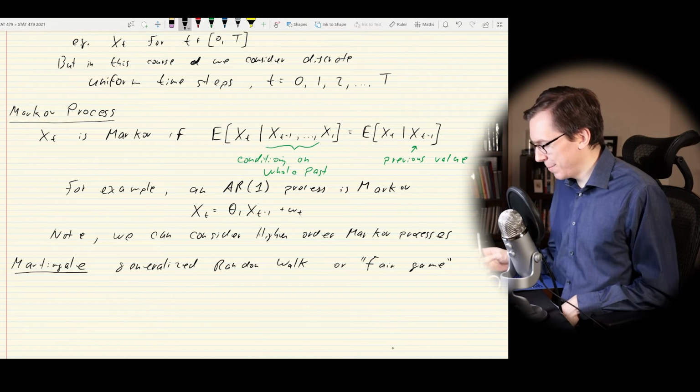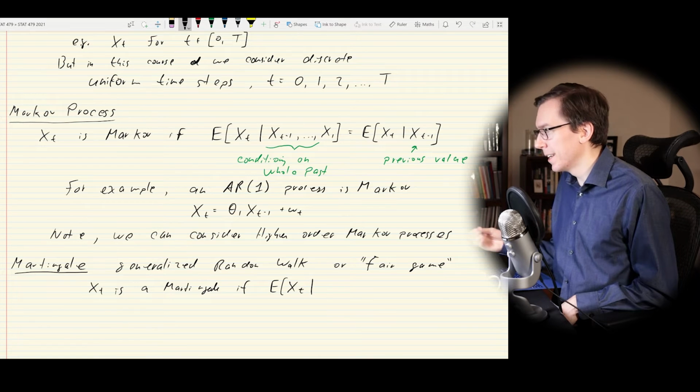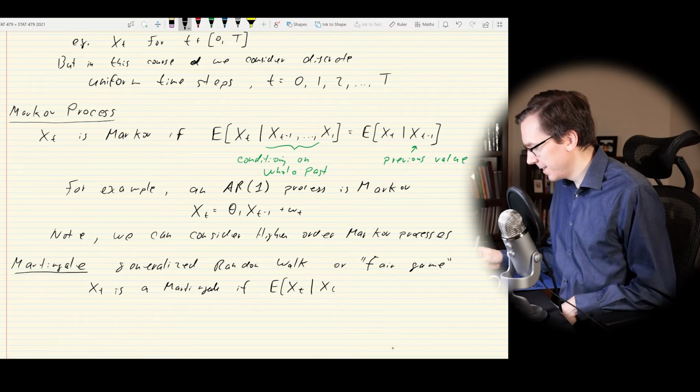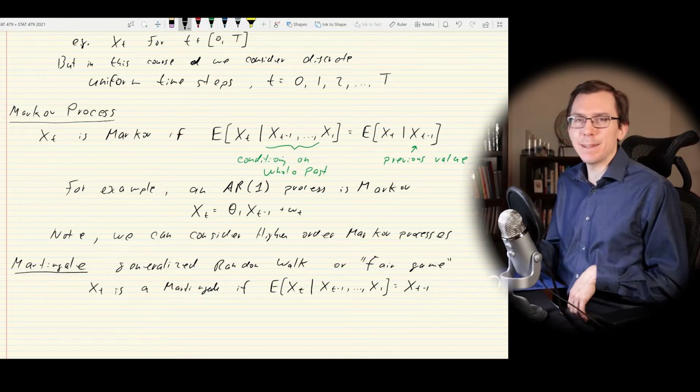The idea is that xt is a martingale if the expected value at time t, given the past values, is just going to be the previous value that was observed, xt minus 1.